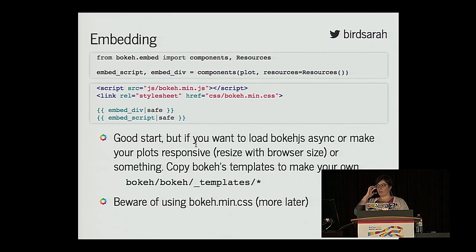A quick interlude on embedding, because I'm saying all this, but how does it actually get into your web page? Bokeh has a couple of built-in methods for making this happen. This components method here will kick out a script and a div, and you can shove that into your template. I actually like to do slightly more complex things. I like to load my Bokeh.js asynchronously, so my page loads nice and fast, and then my charts come in, and things like that.